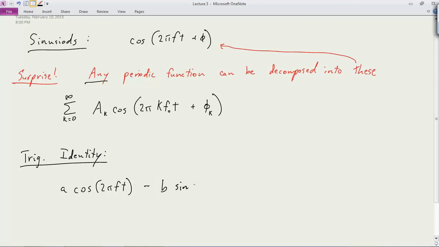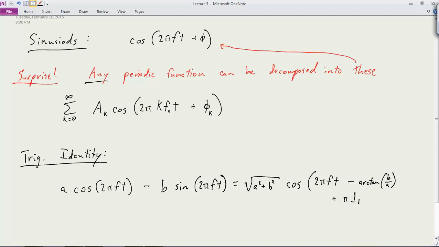So we have the sum of a sine and a cosine. That can be expressed as a single sinusoid, but you have to correct the magnitude and the phase. So it equals cosine, the same frequency, minus this arctangent of b over a, plus a pi, depending on whether b was negative or a was negative.